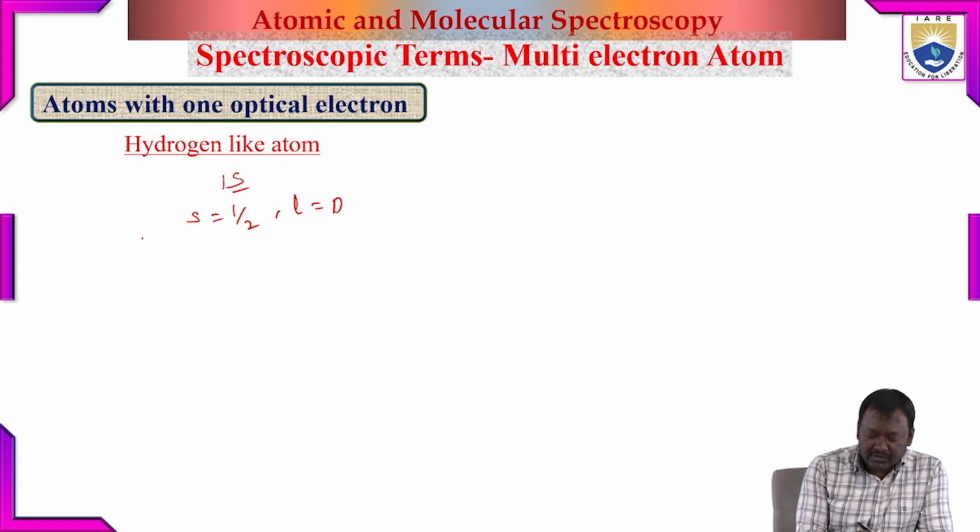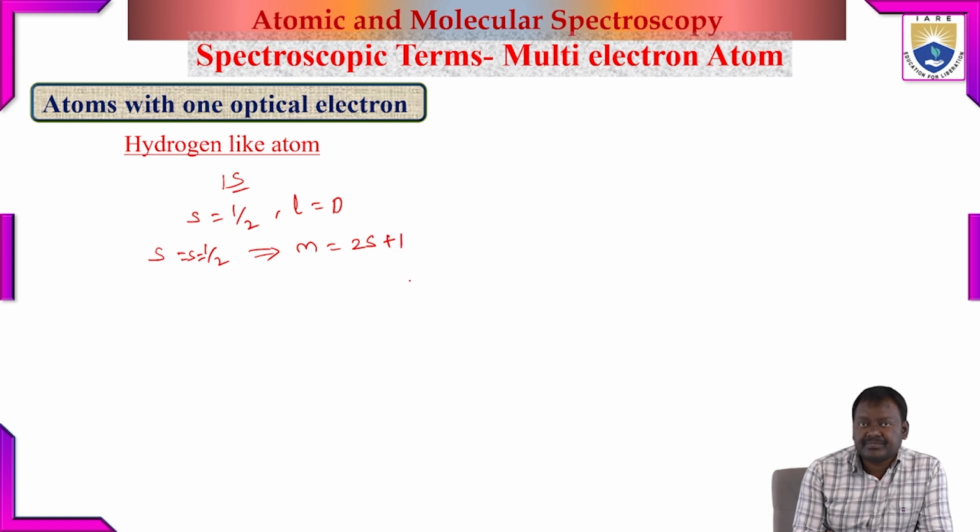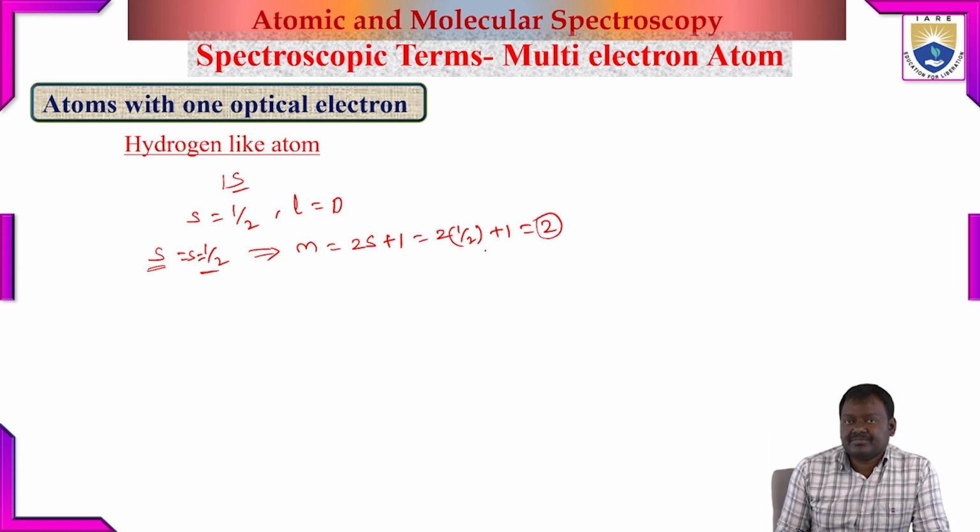So total spin angular momentum S equals 1 by 2. Then multiplicity will be equal to 2S plus 1, that is 2 into 1 by 2 plus 1, equal to 2. 2 is the multiplicity.